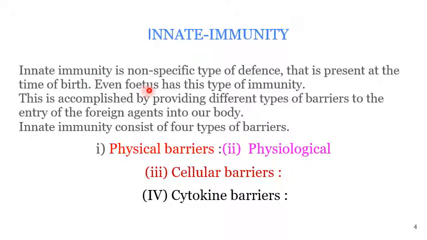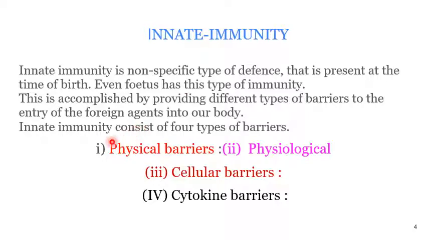Even the fetus, the young zygote growing inside the womb of the mother, has this type of immunity. This is accomplished by providing different types of barriers. Barriers means a sort of gate to stop the entry of pathogens.